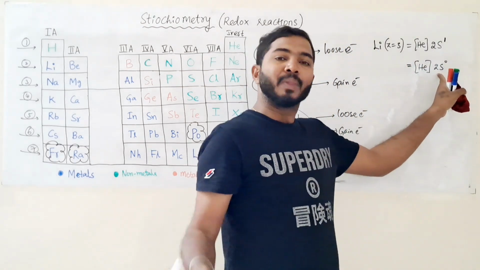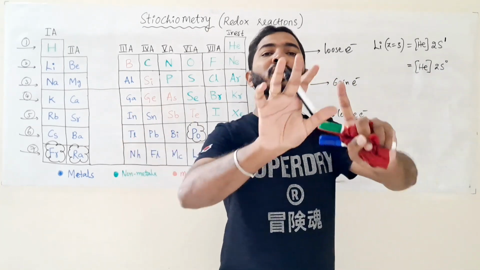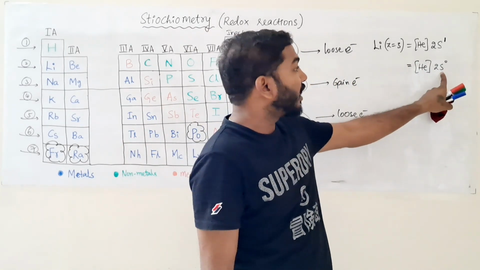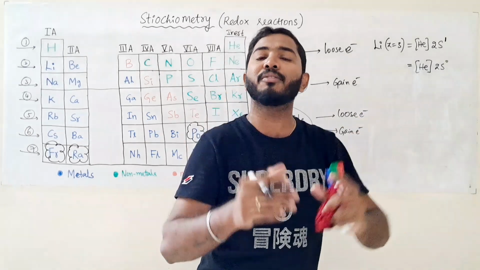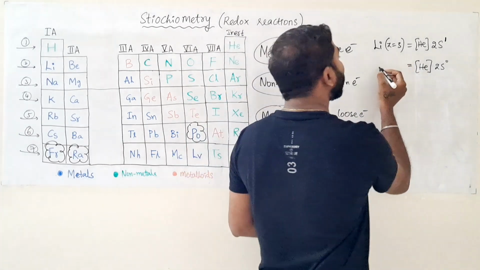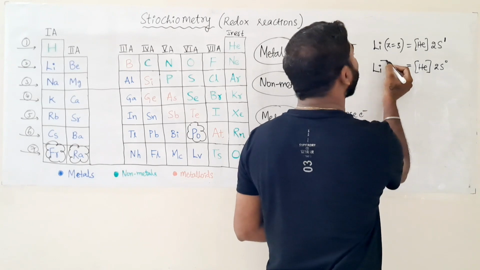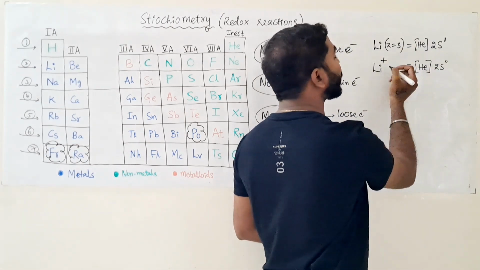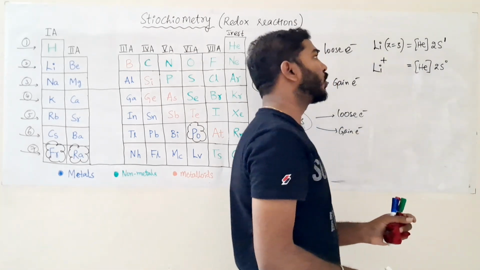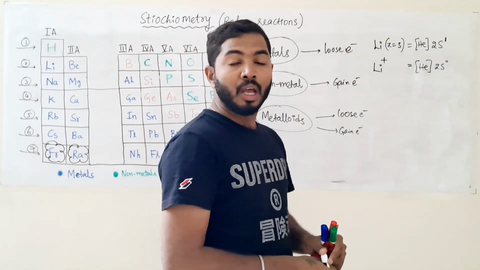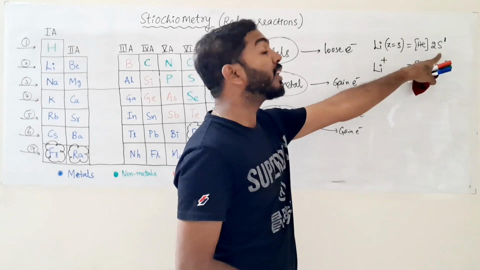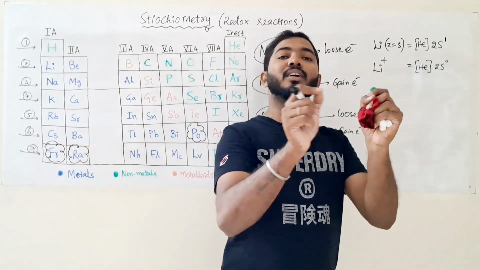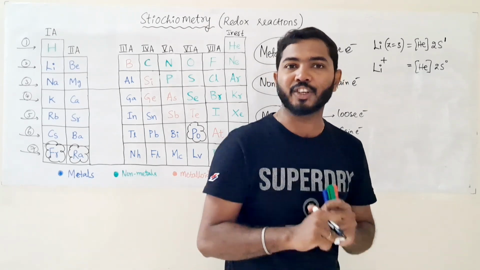Now the second shell, s subshell, has no electrons, so we can assume that subshell has no physical significance. So lithium, by losing 1 electron, is going to get a plus charge. What does it mean? Lithium will be very interested to lose 1 electron so that it gets the preceding noble gas configuration.